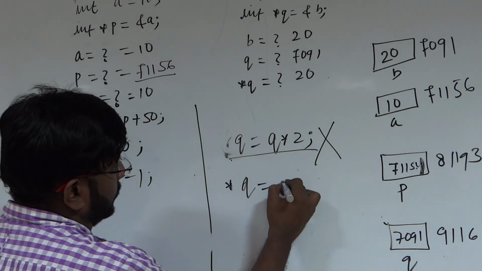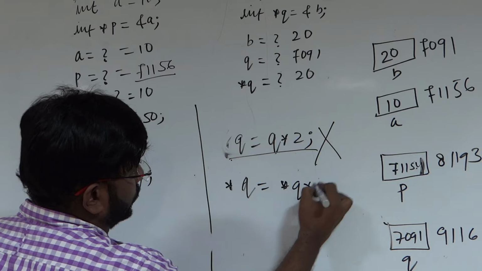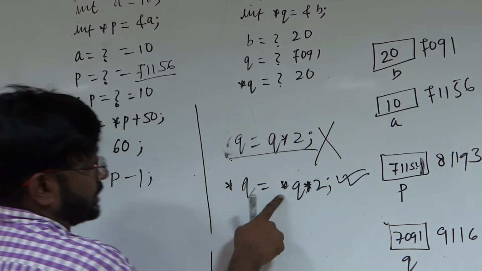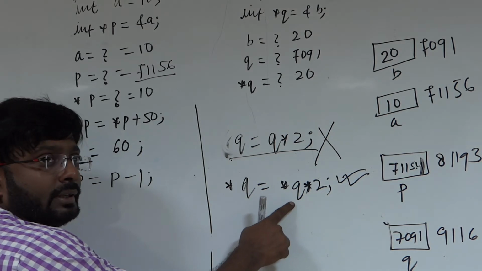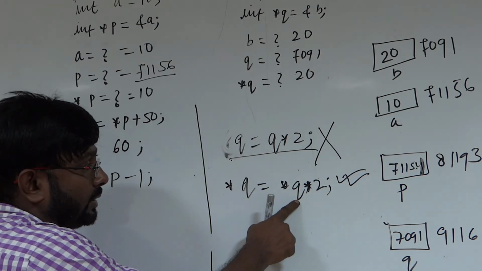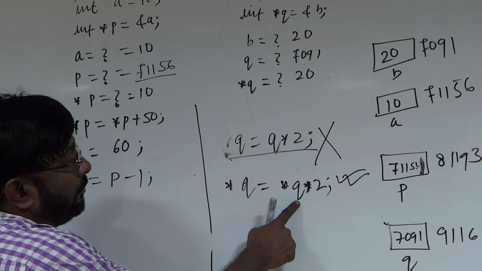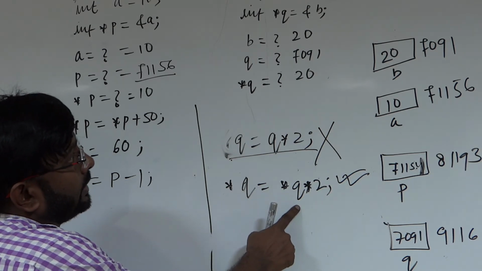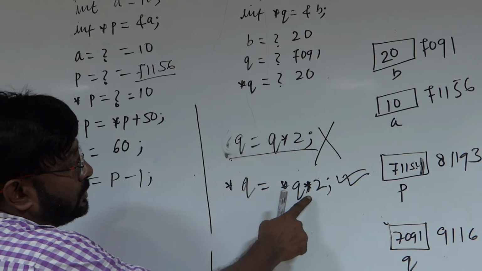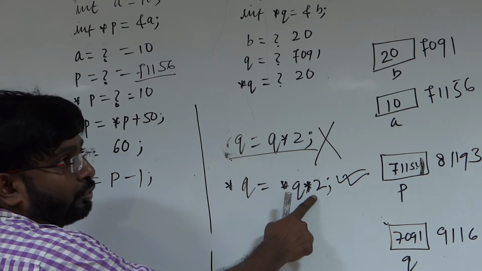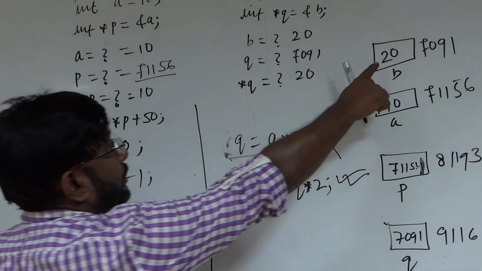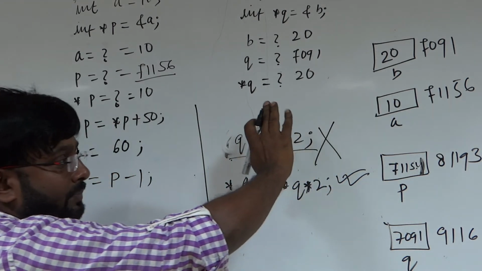Star q is equal to star q into 2 is correct. Why? Star q means the value stored at this location, and when I talk about star q, it means 20. So 20 into 2 is 40, and that will be stored at this location, meaning this value will be changed to 40.